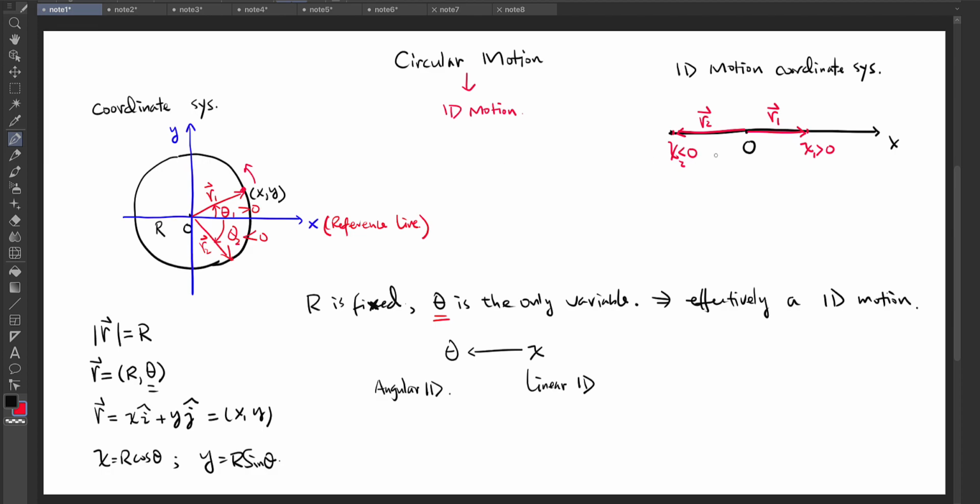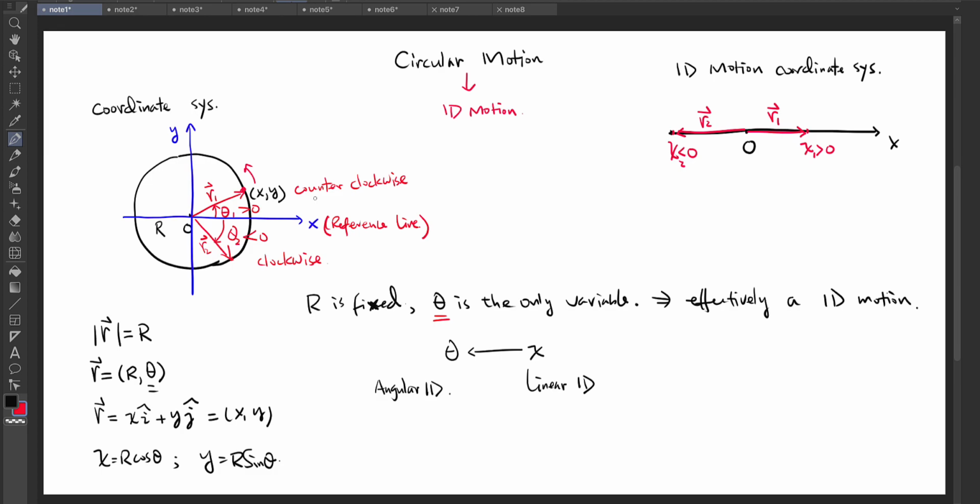Now instead of talking about right side and left side, we're going to talk about clockwise and counterclockwise. So theta 1 is in a counterclockwise position, and theta 2 is in the clockwise position.